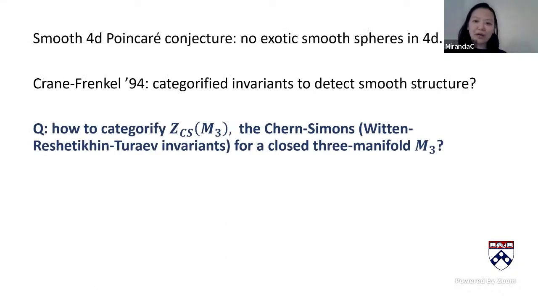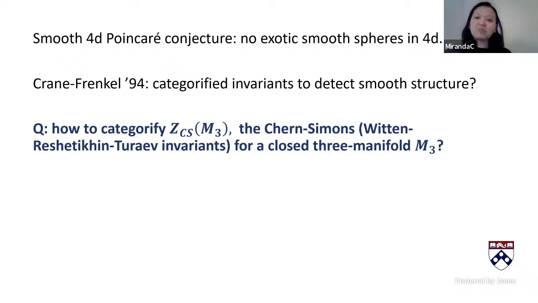Okay, so some general background, what we're doing, just as motivation, which we won't mention again after this motivation slide, is that we're interested in the topology in 4 dimensions. And according to the Crane-Frenkel categorification proposal from the year 94, which stems from the idea of a TFT, the question asked is, can we categorify 3-dimensional invariants, to detect smooth structures in 1 dimension higher?